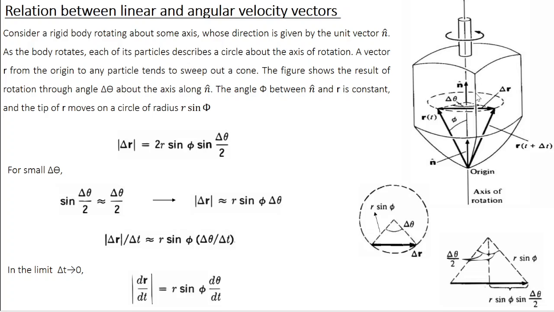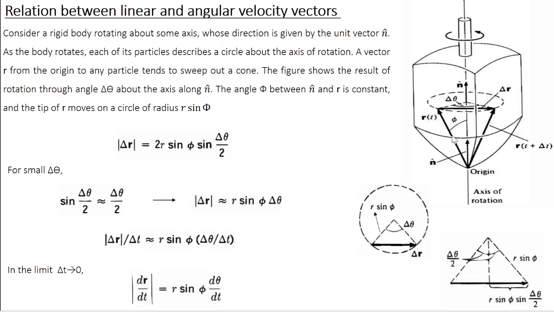What's the radius of the circle? If you redraw this circle, this angle is delta theta, this is the r vector, this angle is phi, so this side is going to be r sine phi. So the radius of the circle is r sine phi.